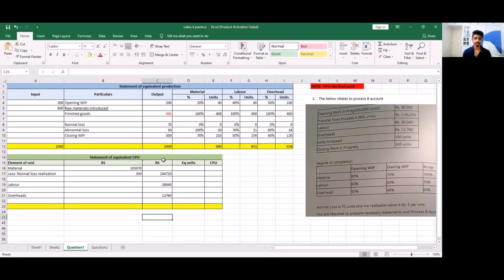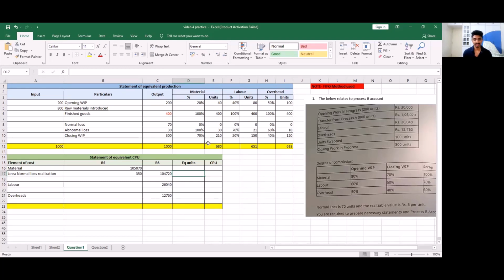Now that we have filled the amount column for the three processes, we divide it by the units to find how much it takes for 1 unit. So we take our equivalent units that we found through our first account, which is our statement of equivalent production. So the equivalent units for materials is 680. So this is our materials column.